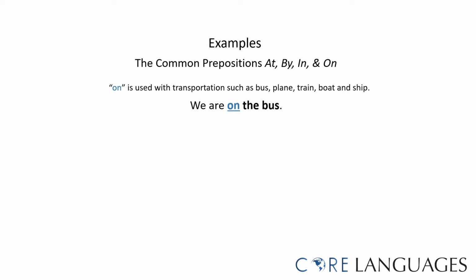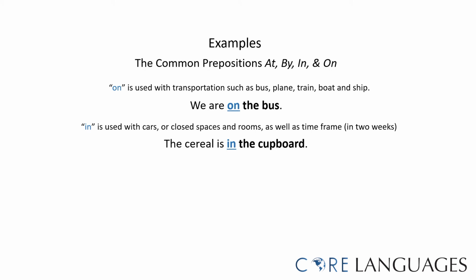For example, we are on the bus, or we are on the plane. In is used with cars, or closed spaces and rooms, but we can also use in for a time frame. For example, in 2 weeks. Or the cereal is in the cupboard.